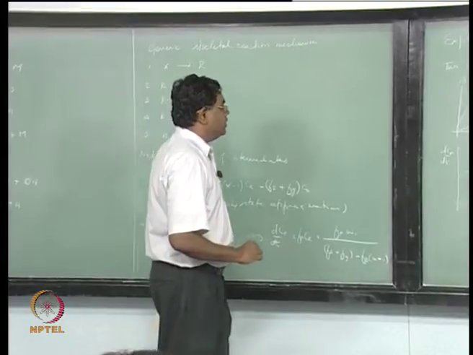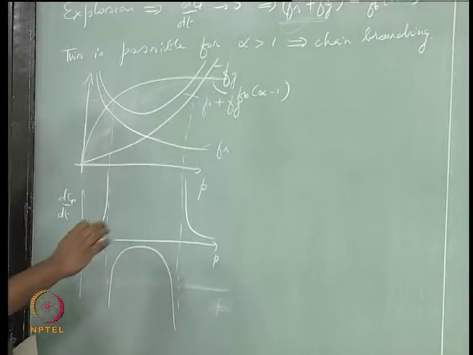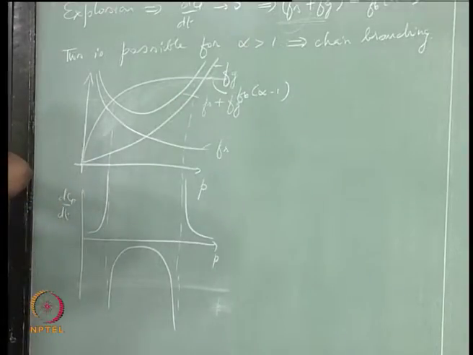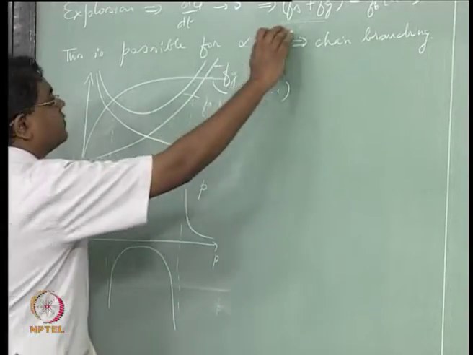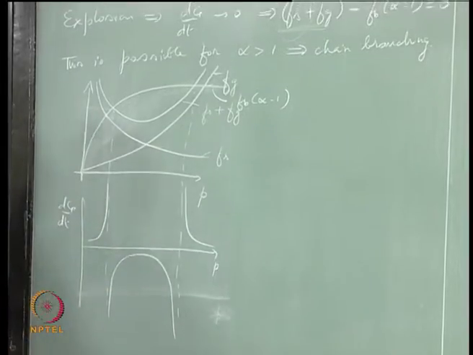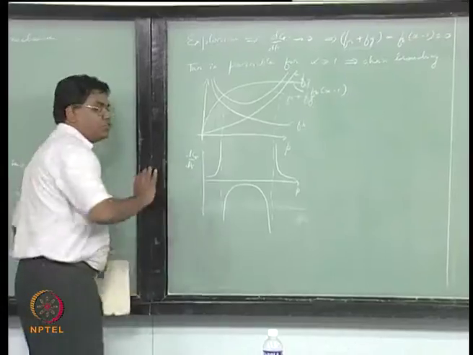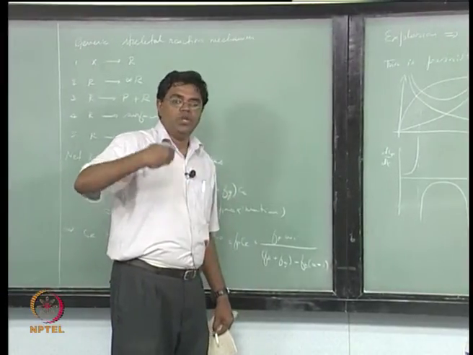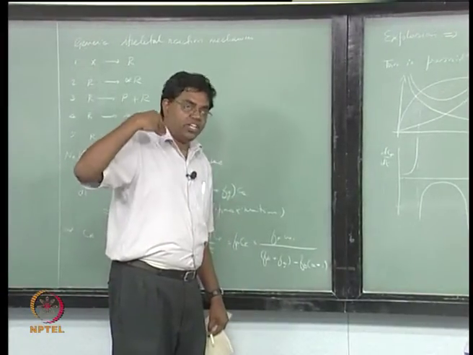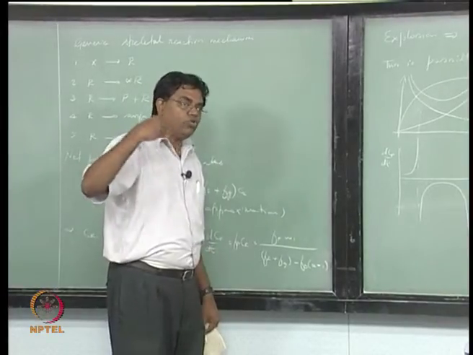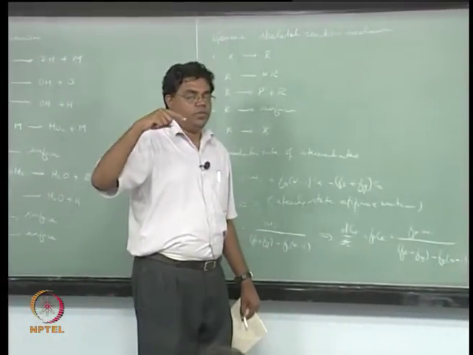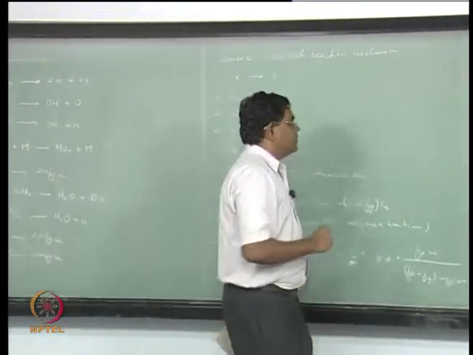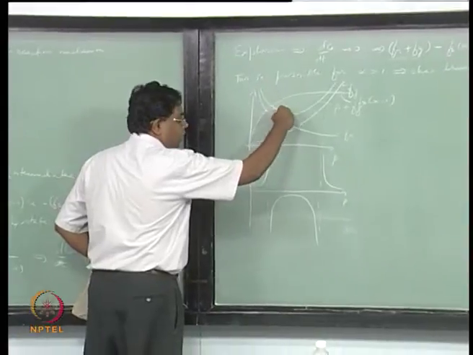So what is going on? We are now saying that at low pressures you have a significant surface termination, and then there is some point as you keep on increasing pressure that the intermediates are beginning to actually get produced by chain branching much more than the rate of termination, okay, because the termination is actually coming down as you increase the pressure.